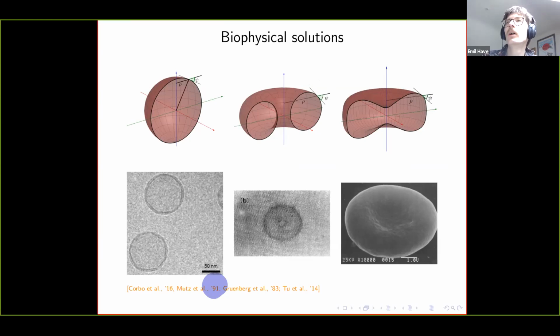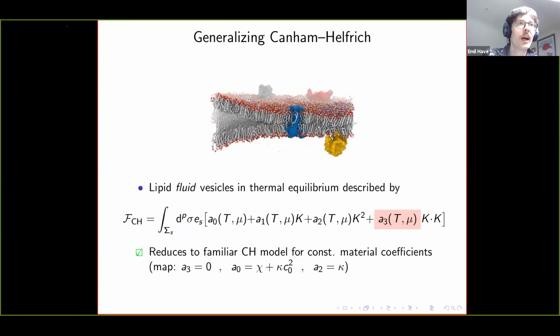But what we can do is make these into fluid membranes using our more elaborate approach using equilibrium partition functions. In this case, the material constants are promoted to material coefficients that depend on the local thermodynamic variables. And our proposed generalization of the Canham-Helfrich model has this form here. Of particular note is this A3 term.